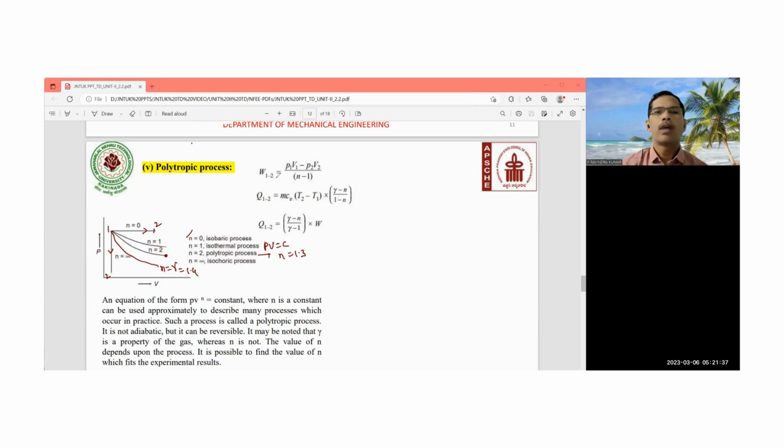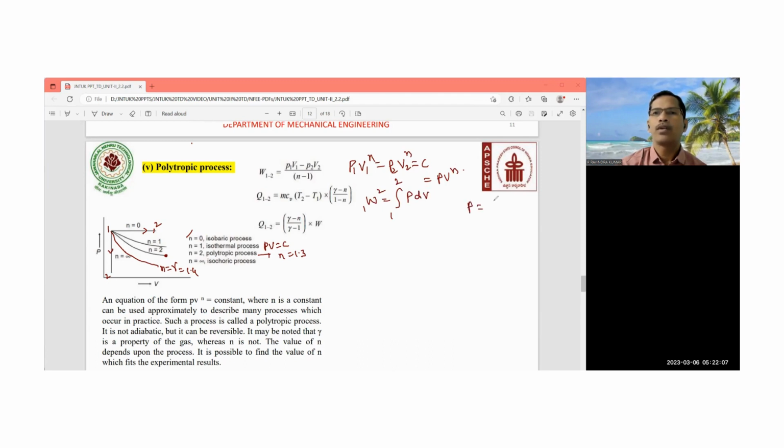Now, W1 to 2. So that is after solving the equation. So here also what you need to represent is that P1 V1 to the power of n is equal to P2 V2 to the power of n. Polytropic process is equal to constant. This is nothing but equal to PV to the power of n. So W1 to 2 is equal to integral of 1 to 2 P dV work. What is this P?